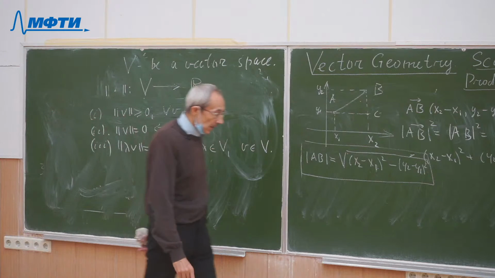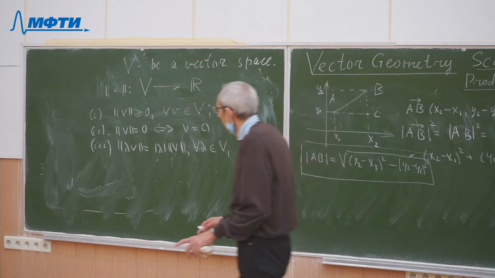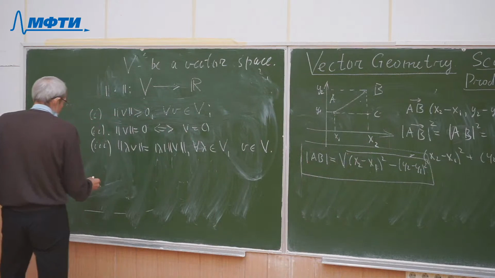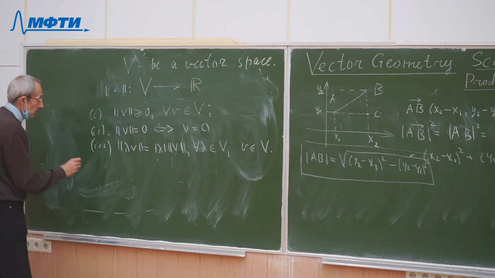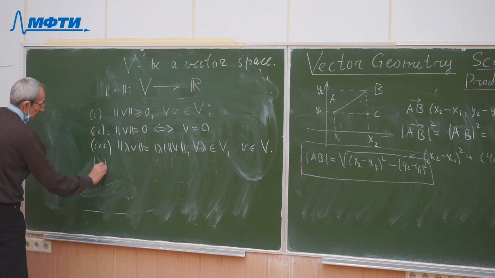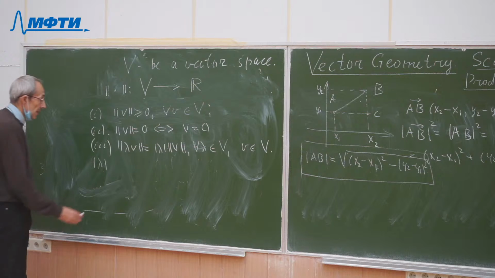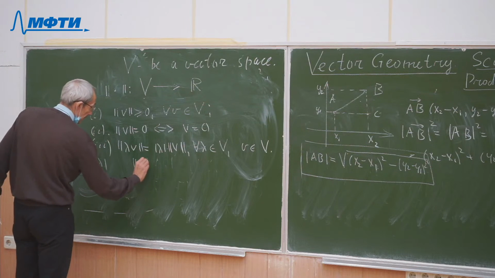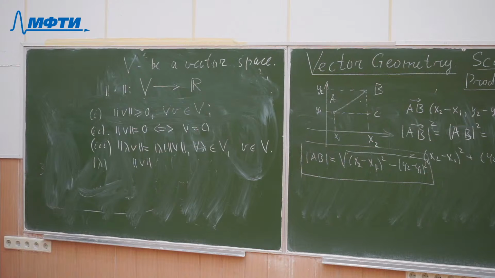We want to use various notations for the norm. For the norm of the number lambda, the norm is the absolute value, and in this case it is the norm of vectors.